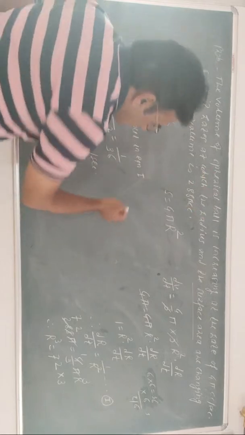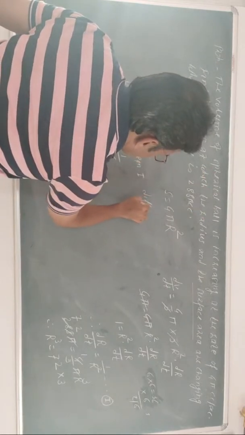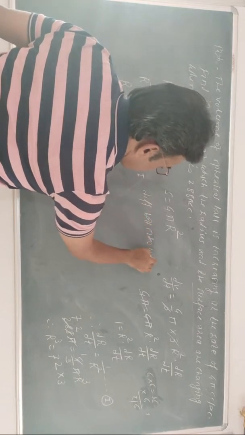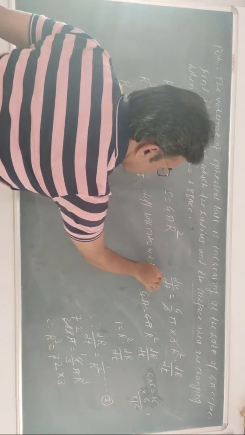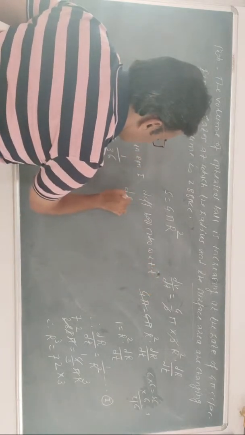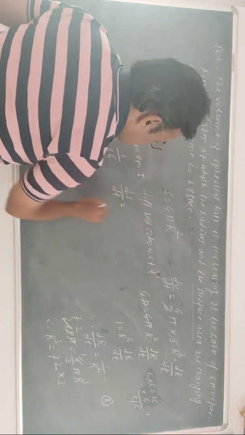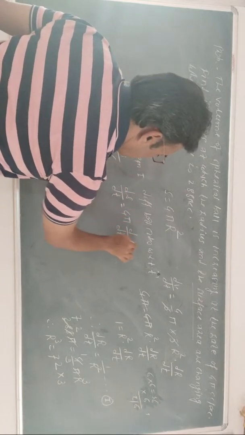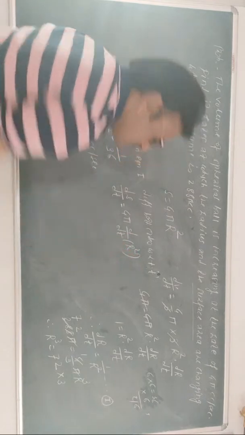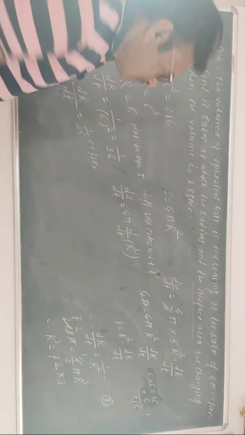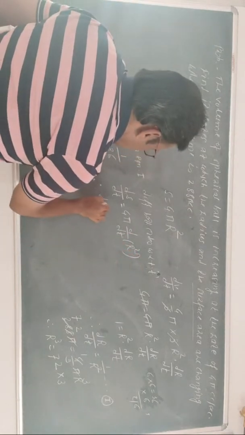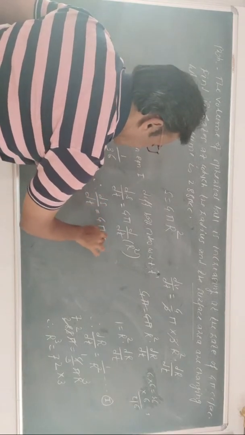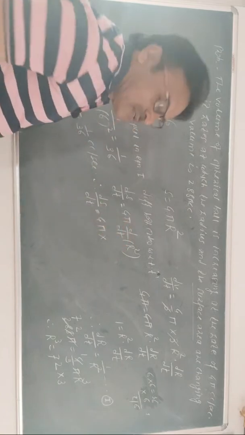Then differentiate this with respect to time t. Differentiate both sides with respect to t. So we get ds by dt is equal to 4 pi, a constant, times d by dt of r squared.